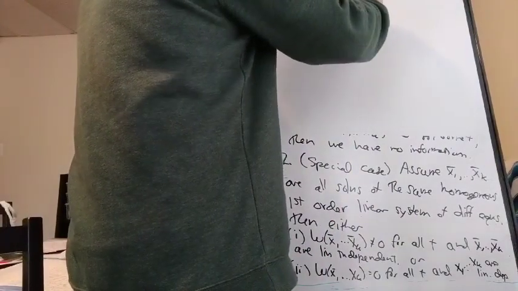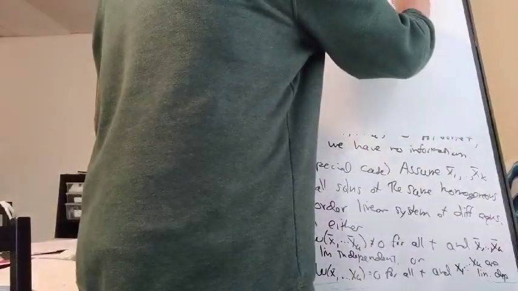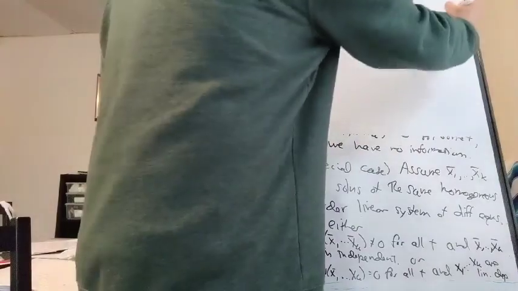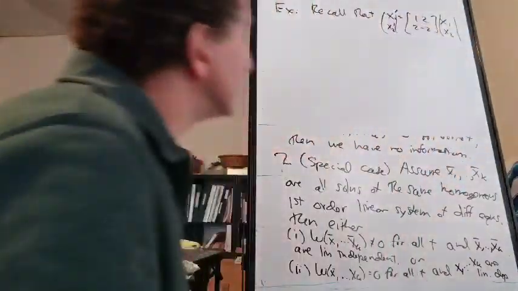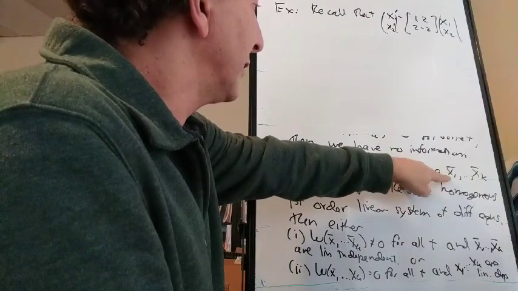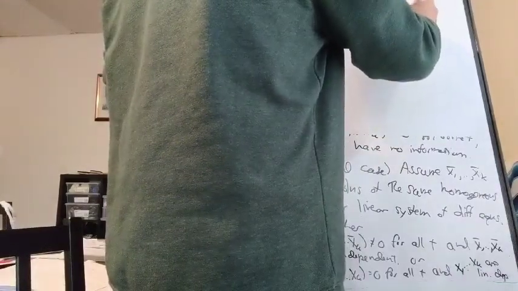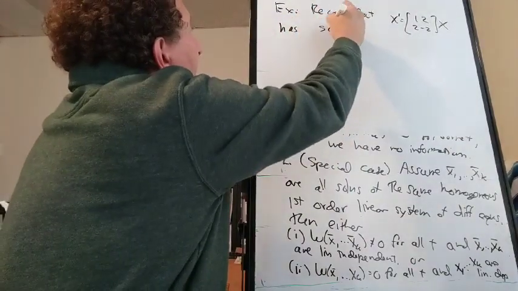So for example, recall that x prime equals the matrix (1, 2, 2, negative 2) times x. So x prime equals 1, 2, 2, negative 2 x has solutions.